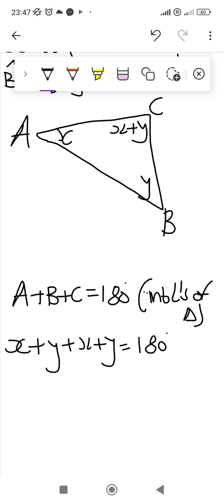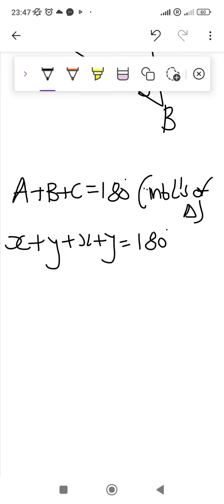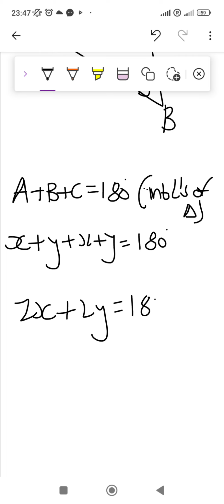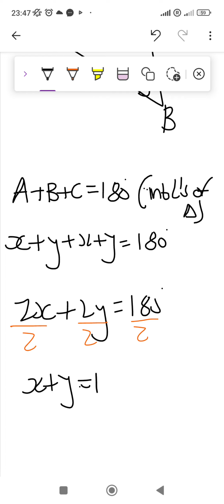Okay, X plus X, Y plus Y, that's going to be 2X plus 2Y equals 180 degrees. Okay, what we're going to do now is get rid of these 2's. So let's just divide everything by 2. And that will tell us that X plus Y equals 90 degrees.